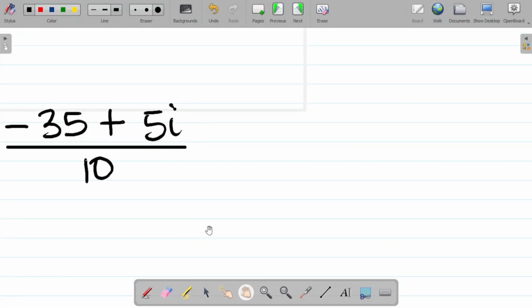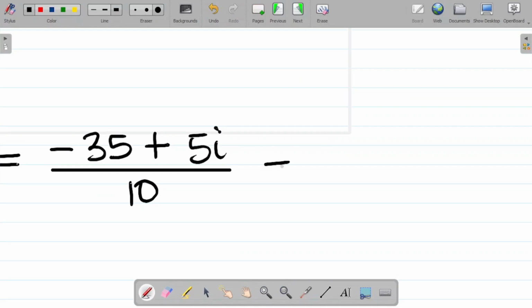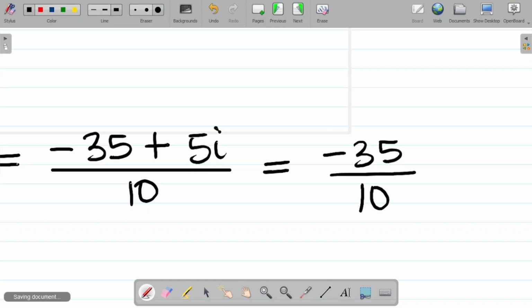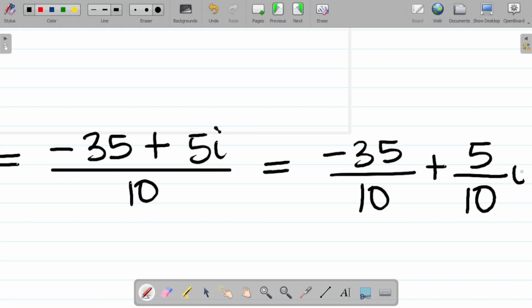Proceeding with this, what we'll have to do next is break this into two separate parts. The first part is minus 35 all over the denominator there, 10. Then the sign attached to the second part is plus. My next term there is 5, so it becomes 5 all over the denominator, 10, then bringing your i.